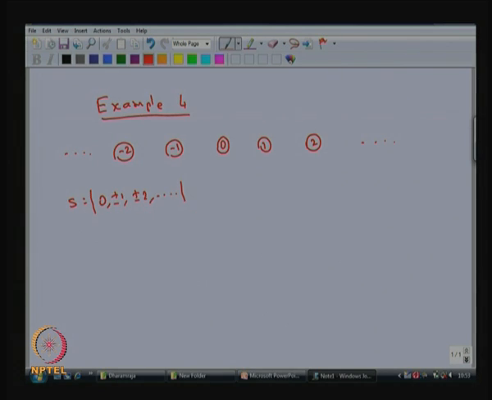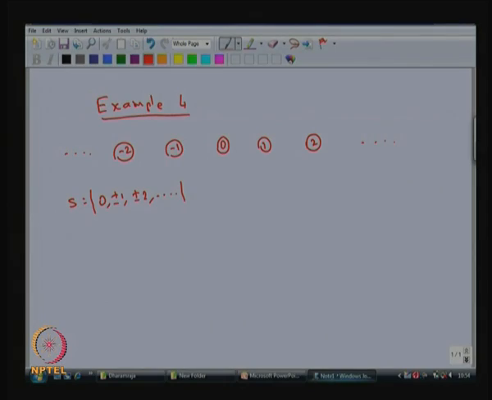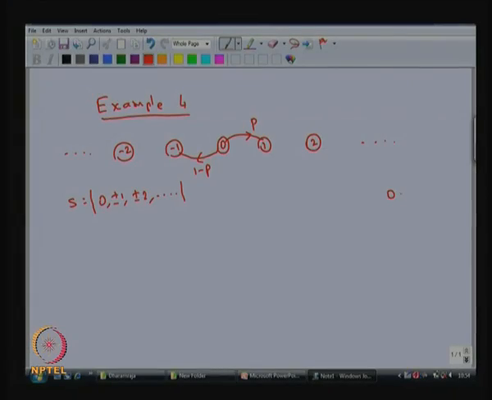Let me give the transition probabilities. The system is moving from state 0 to 1 with the probability p, and from the state 0 to -1 with the probability 1 minus p. Therefore, in the one step transition probability matrix, the row sum is going to be 1. Here p can lie between 0 and 1. Similarly, you go for all the other states.